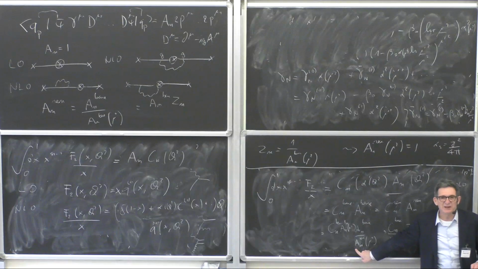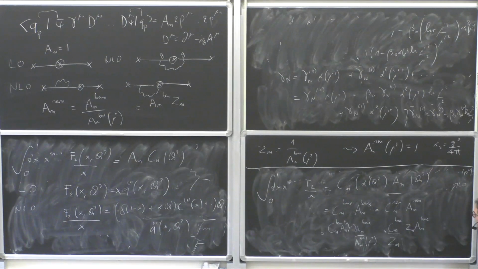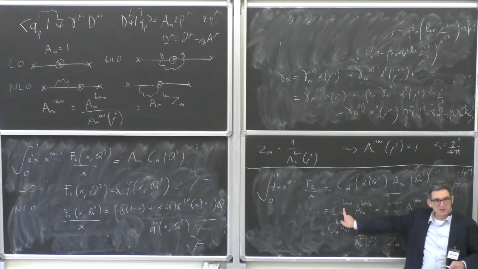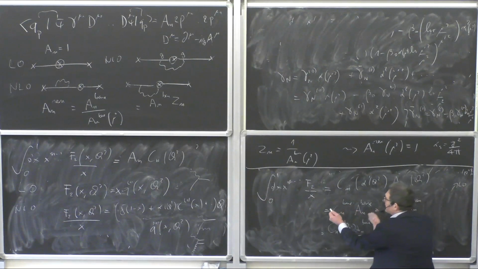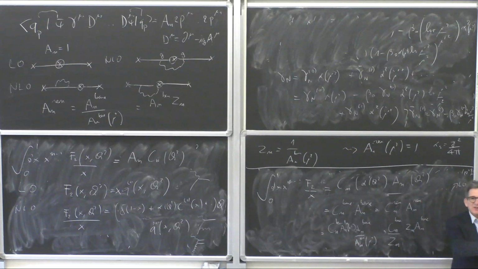But correspondingly, I must have also changed my C bare by going from some divergent bare object to something where I actually divided by the same constant by which I have multiplied. So when renormalizing An, because the whole thing must be finite, because I measure it, I must have been shuffling infinities between the matrix element and the coefficient function.